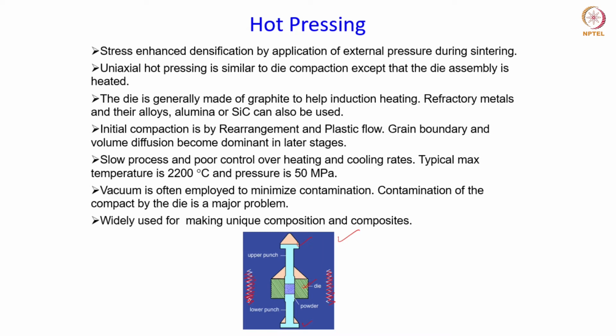And you can also mix a second phase which does not dissolve in the metal, and that will give rise to a composite, okay? And since the sintering process is pressure assisted here, the densification of a material like a composite, where you have insoluble particles, can be done easily in this case, okay?